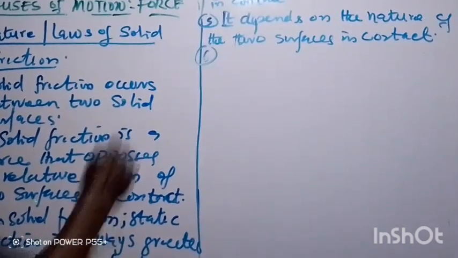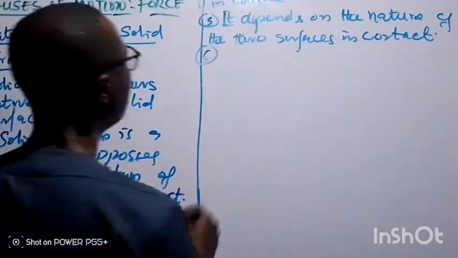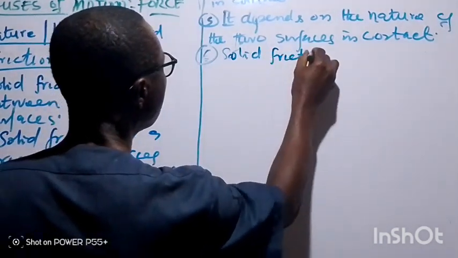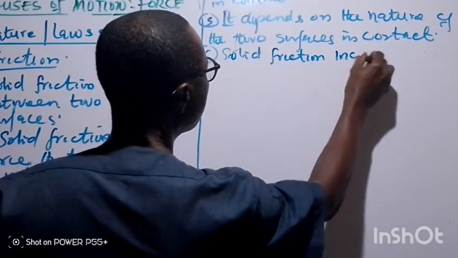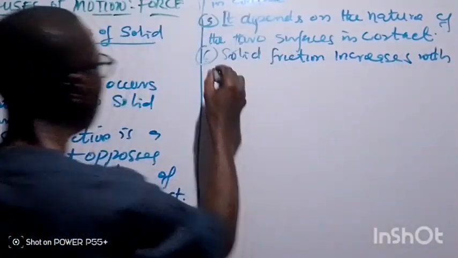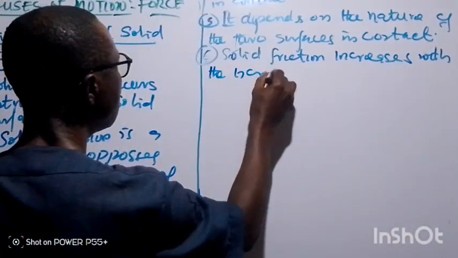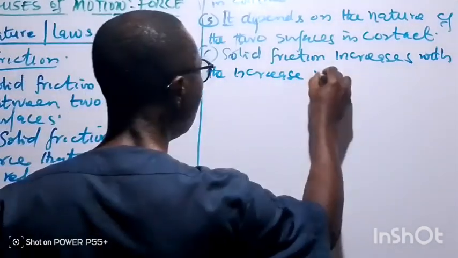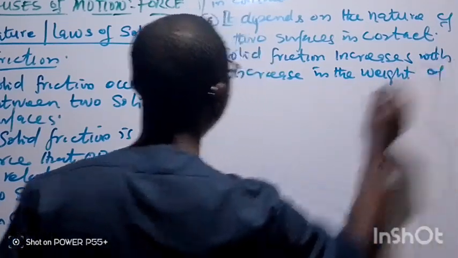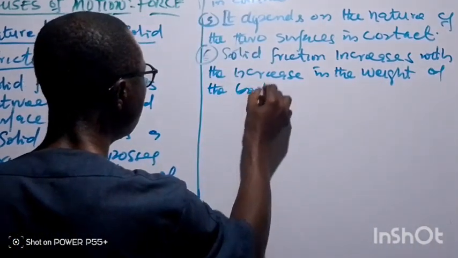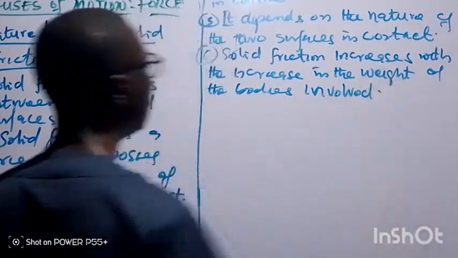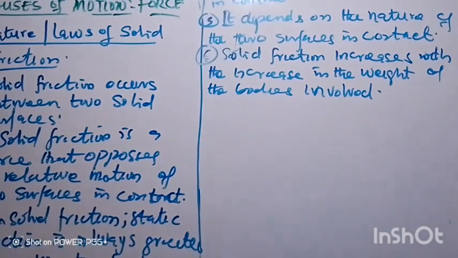Number 6, solid friction increases with the increase in the weight of the bodies involved.